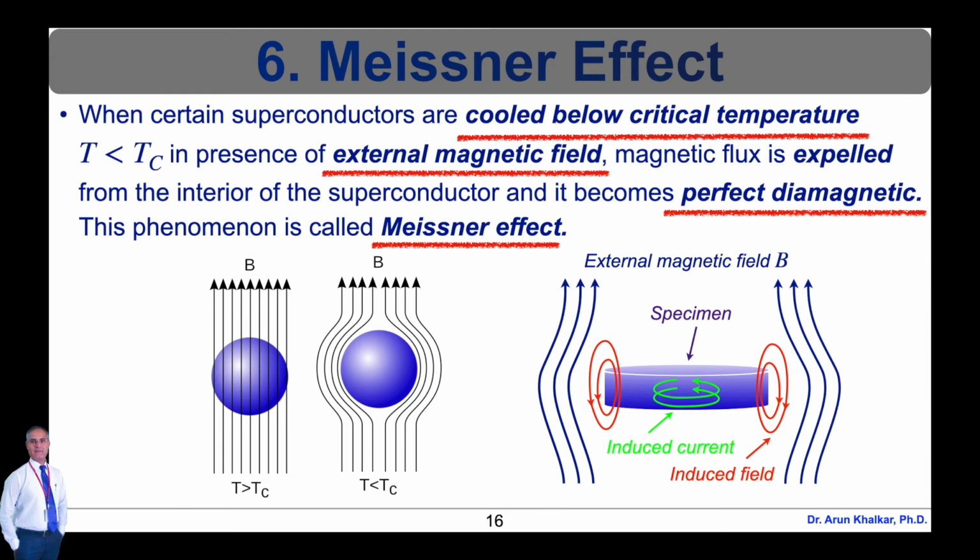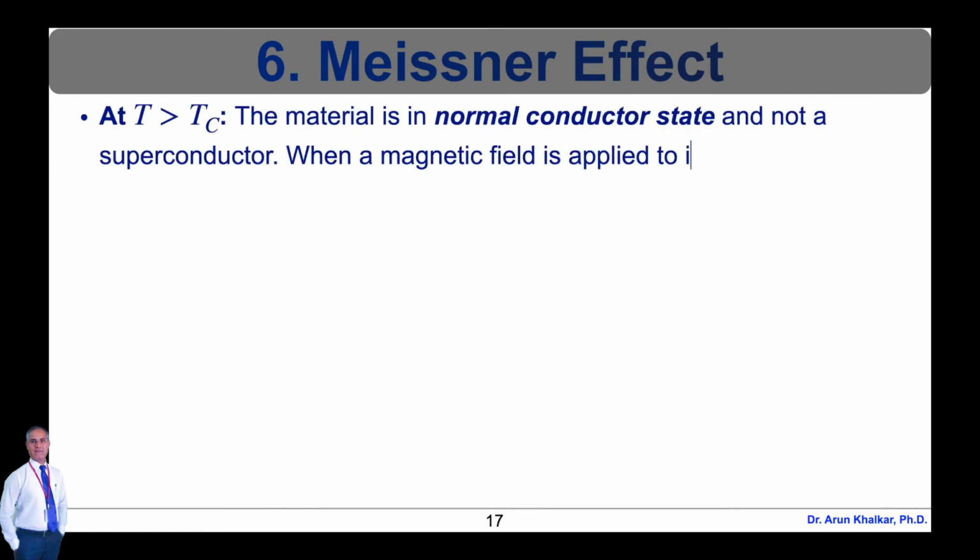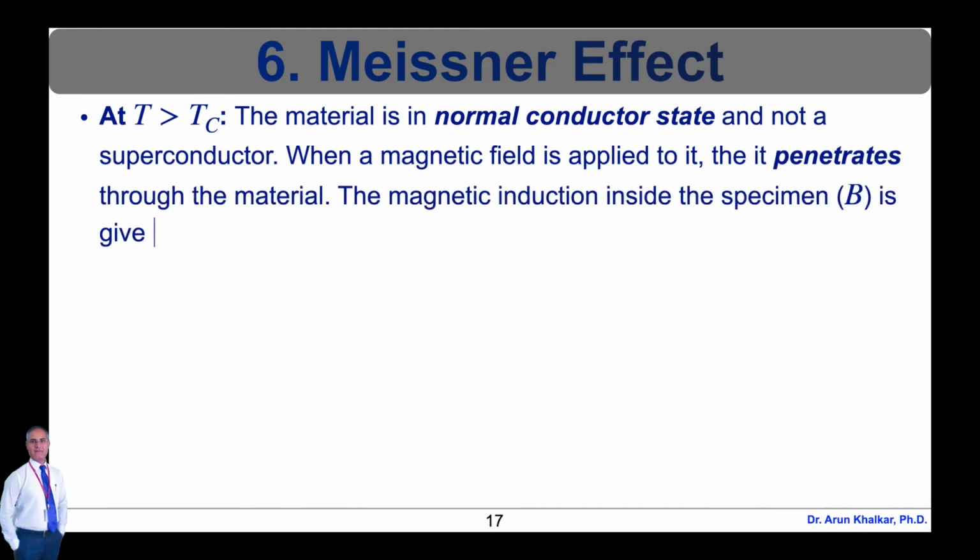The induced field shown in green color and induced current shown in red color are shown here in this diagram. Now let's see two important conditions for Meissner effect. Let's say first, at temperature greater than the critical temperature, that is T greater than Tc, the material is in the normal conductor state and not a superconductor.